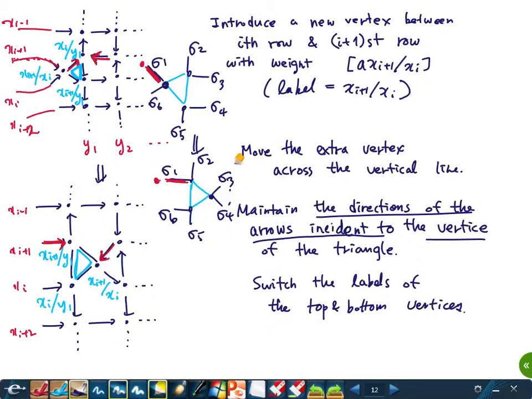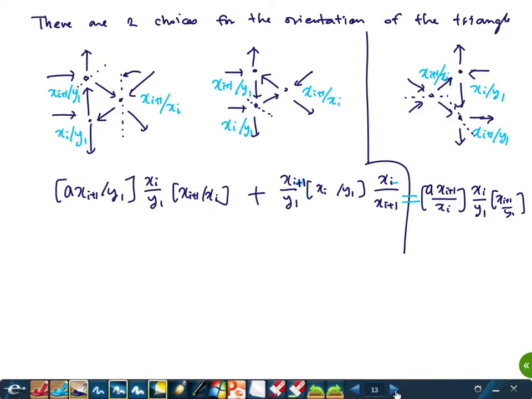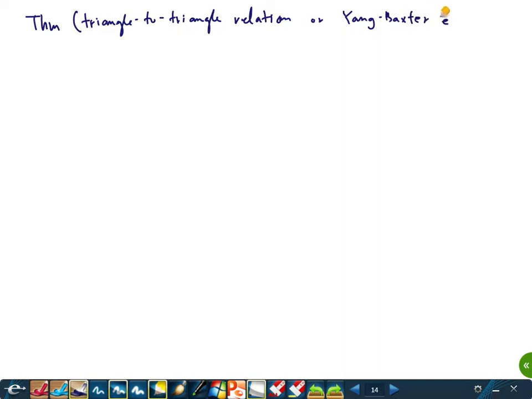Okay, so let me state this theorem, and then if you look at this statement, it may be helpful. The theorem is the triangle to triangle relation, or also called Yang-Baxter relation. So I'm just drawing the same diagram.